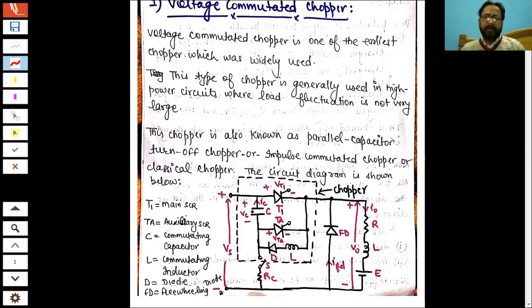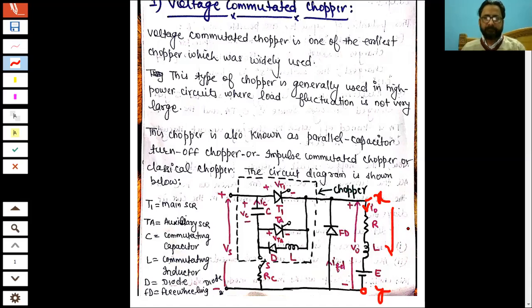So here also we have shown certain notations for the voltages and currents. You can see the direction of load current is this. Let us say this terminal is X and this terminal is Y. So the load current will be taken as positive when it flows from X to Y. Right? This is the notation.